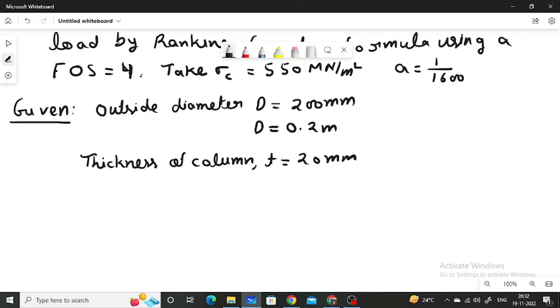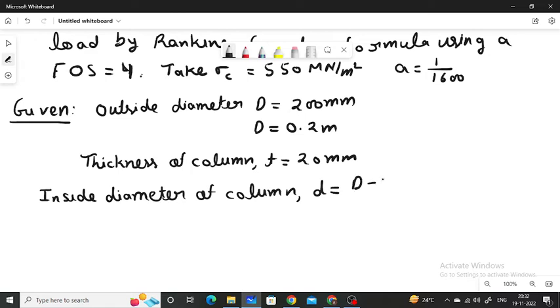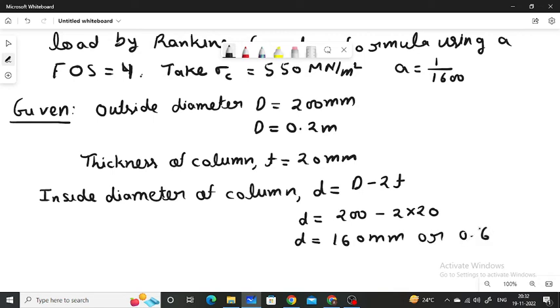Now the inside diameter of the column will be equal to D minus 2T, 200 minus 2 into 20, so it will be equal to 160 mm or 0.16 meters.